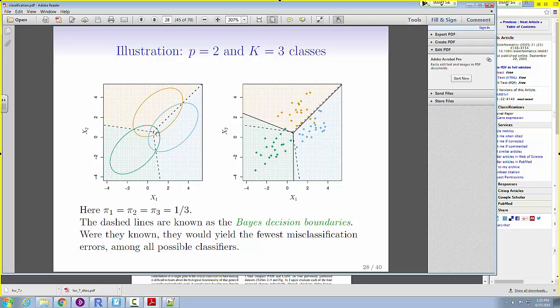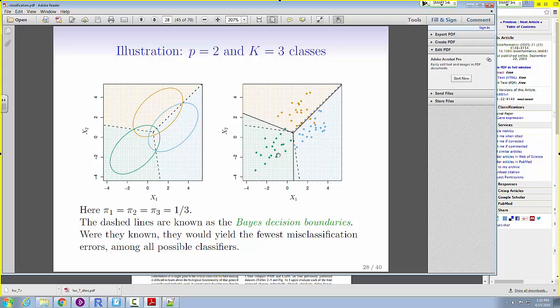For example, right in the middle, let's say it's PSA and age values that are pretty consistent with all 3 classes. These 3 regions aren't completely exclusive of each other, so it's not going to be an easy job to classify everybody.